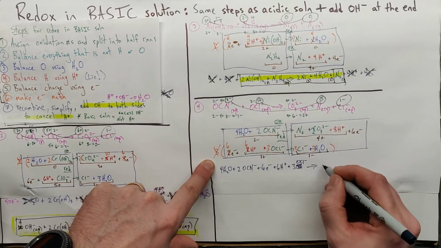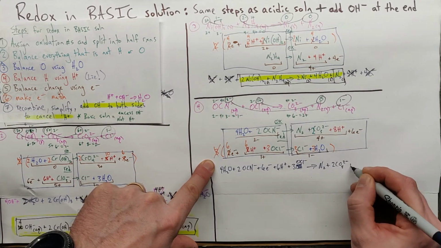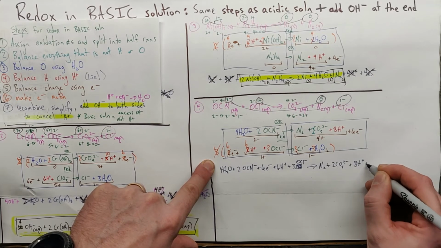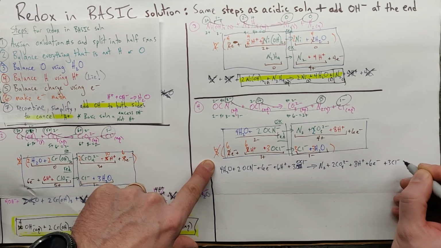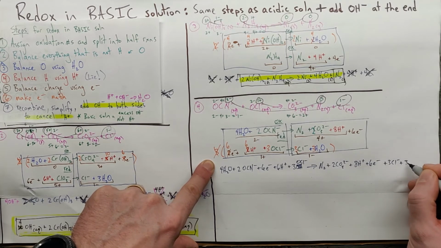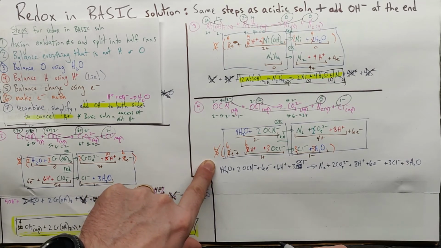On the other side, we have our nitrogen and 2 carbonates, 8 H plus, 6 electrons, 3 chloride ions. All right, glad I had as much room as I did because boy is that a lot of writing.